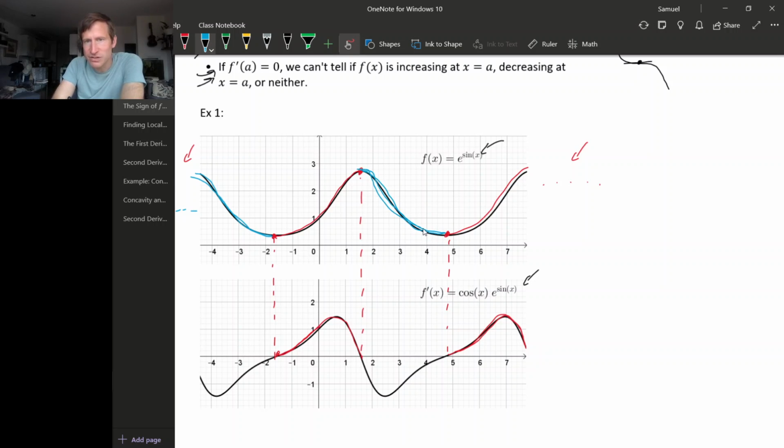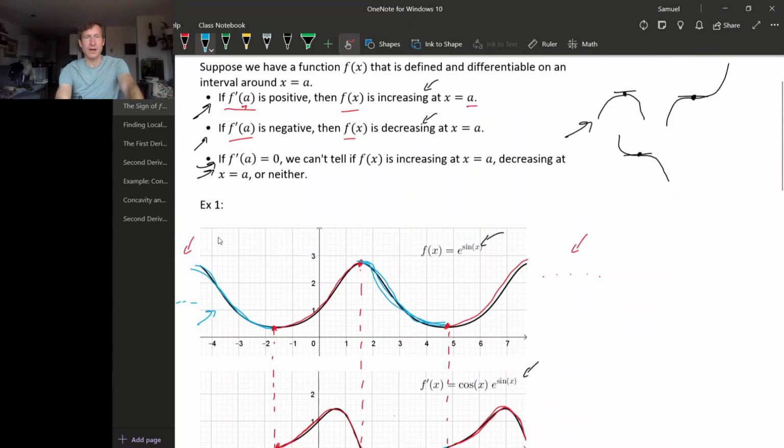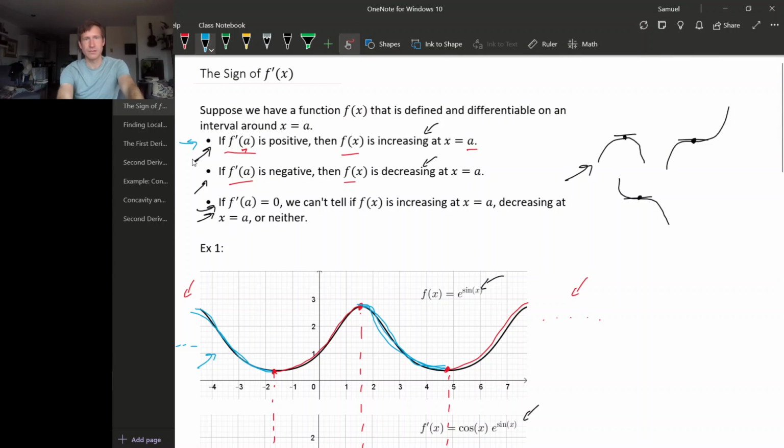And if we look at the corresponding x values down on the graph of the derivative, sure enough, the value of the derivative is negative on this interval where the original function was decreasing, and same thing over here. The original function was decreasing, and the value of the derivative is negative. So these rules do check out.